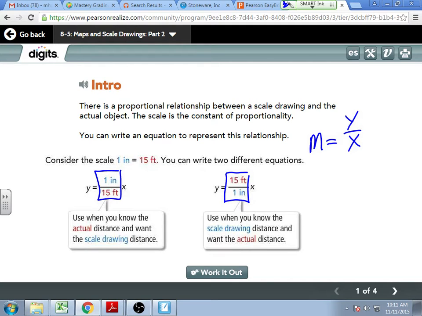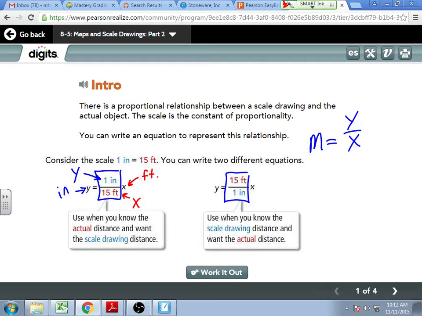When you set up 1 inch over 15 feet, that tells me the 1 inch is the y, and that y is going to be inches. Then it tells you that the feet is your x values, and that x would represent feet.